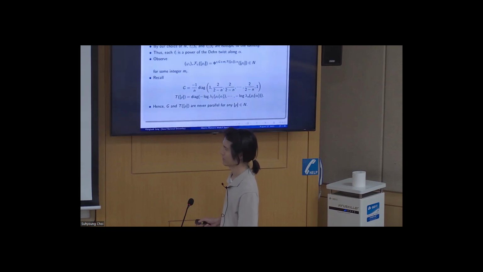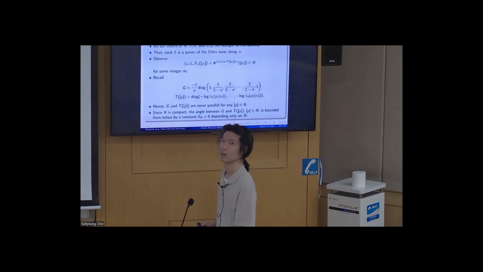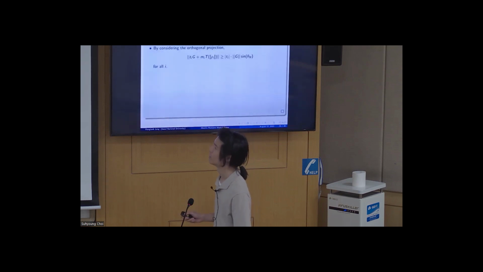And because N is a compact set, there is a definite bound for the angle between G and T of rho. Let's say theta of N. This number is positive and depends only on the choice of N. Once we have done this, we can find the lower bound of this vector by taking the orthogonal projection.